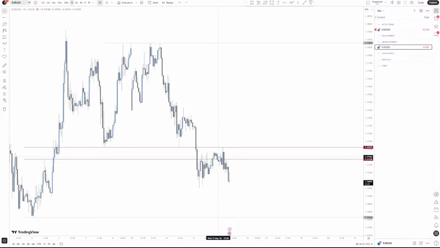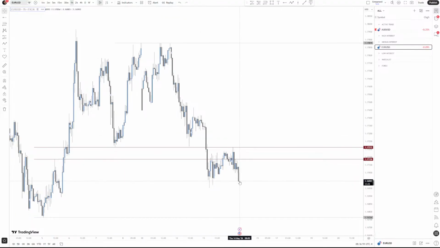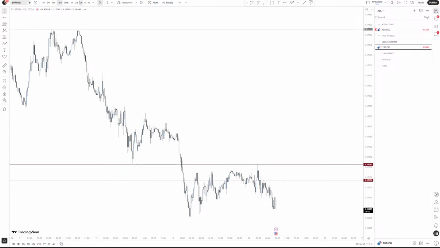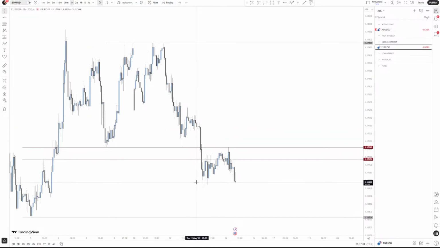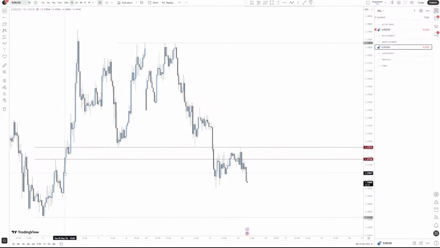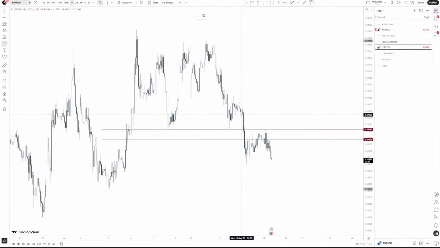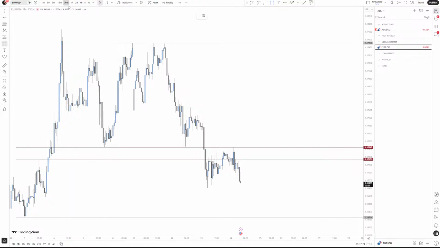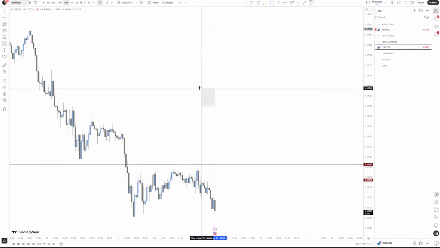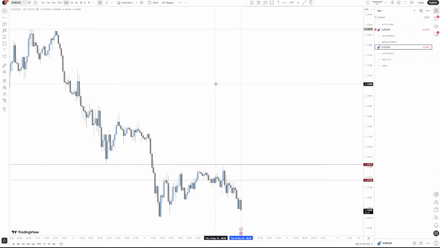Where we filled it, pushed back up all the way to the top of it, and we now push to the downside. So let's look for some liquidity. I'm going to go down quickly to just market open and minute open.